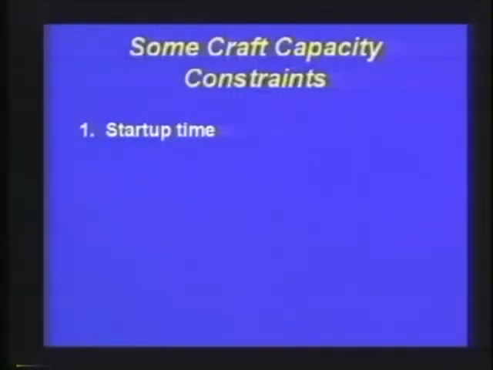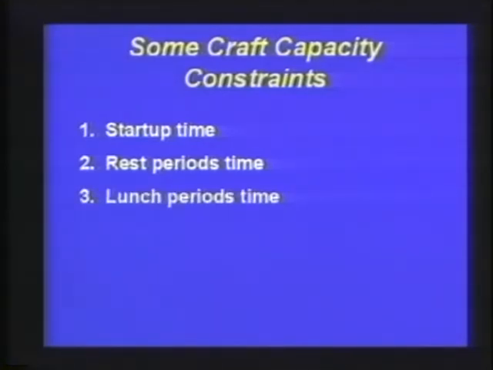base. Now, moving on to page number 4, I've addressed here for you some of the more common capacity constraints. 1 is the startup time, 2 is the rest periods, 3 is the lunch periods, 4 would be cleanup.